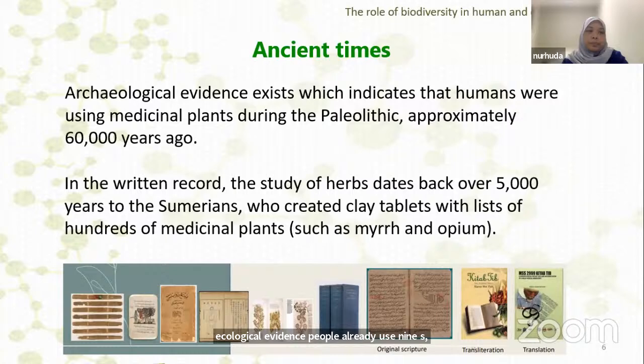The first written manuscript known was by the Sumerians, who created clay tablets with a list of medicinal plants, such as myrrh and opium. Myrrh is a plant exudate, the resin from a plant. You cut the plant, the resin comes out, you dry the resin, and you get myrrh. And also opium, one of the oldest drugs in the world.